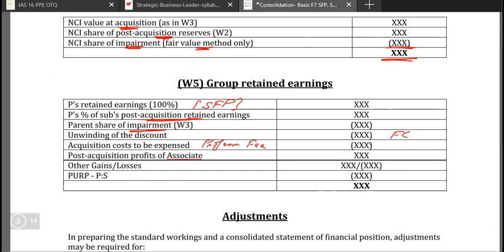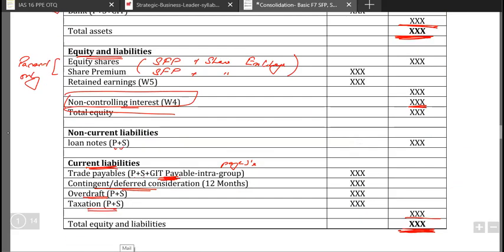Profit from associate, because associate is another investment of the parent, but that is not a subsidiary, so we'll be adding that. Other gains and losses of the parent. And if the parent has sold goods to the subsidiary and there is profit, then we'll be deducting that, as we did in working number 2 when the subsidiary was selling it. Now this will give you the group retained earnings. This group retained earnings will be recorded over here, working number 5.